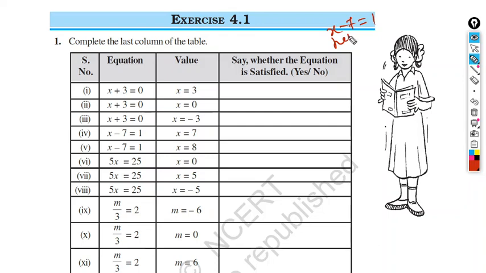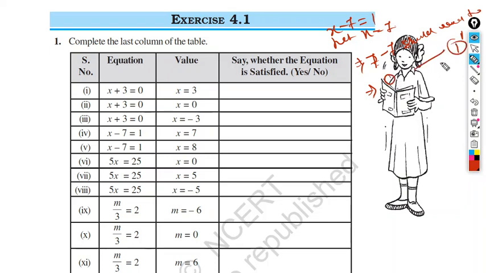So let x equal to 7, implies in place of x we will write 7. So 7 minus 7 should be equal to 1, implies 7 minus 7 equal to 0 should be equal to 1.